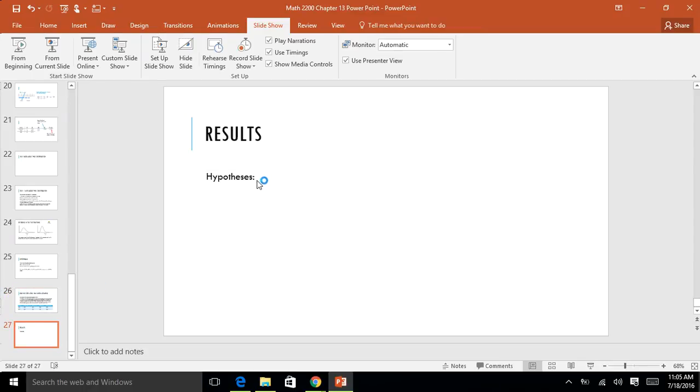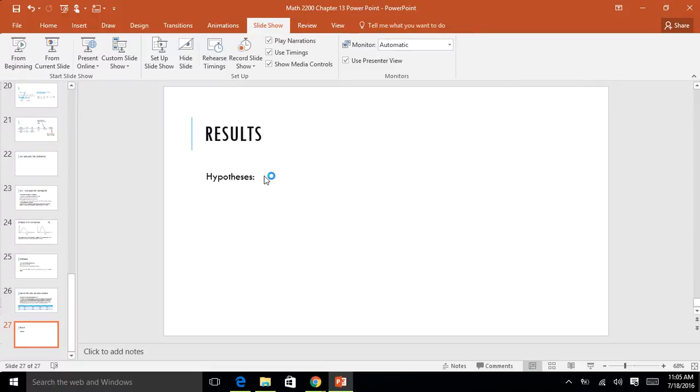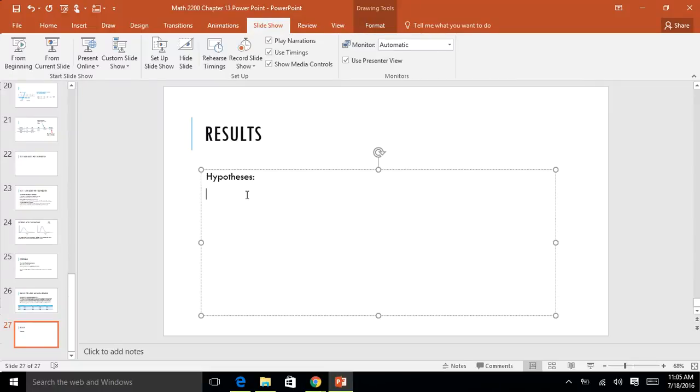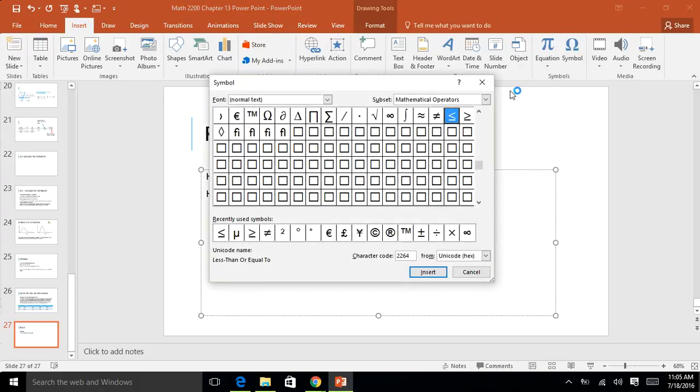The hypotheses. For my first hypothesis, the null is, I'm going to say all the means are the same. I'm going to go get my symbols.